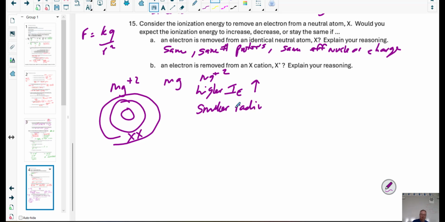According to Coulomb's law, since it's a smaller radius, it has a higher force, so it has a higher attraction and therefore a higher ionization energy, due to that decrease in the radius because we removed that shell and decreased the shielding.